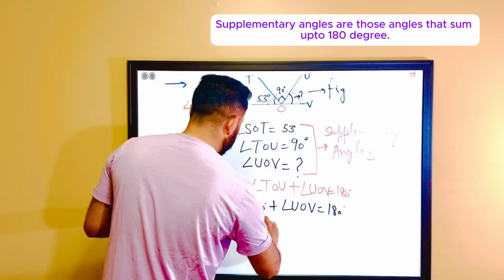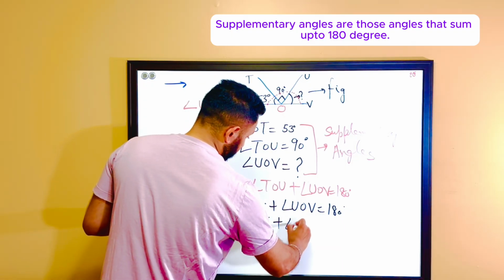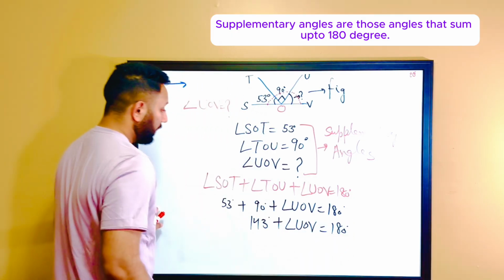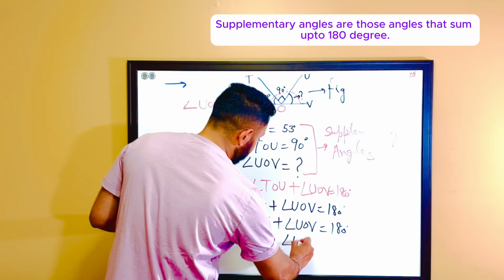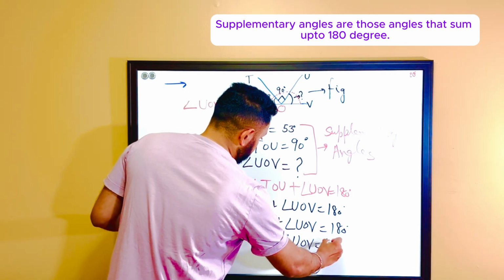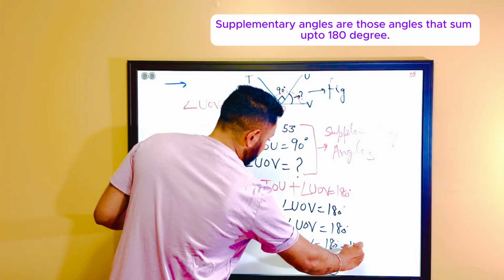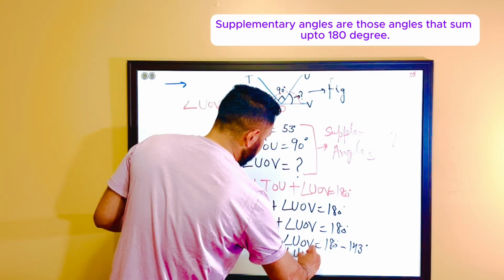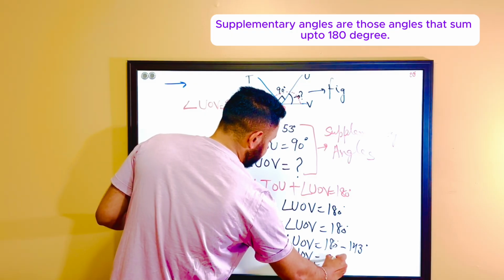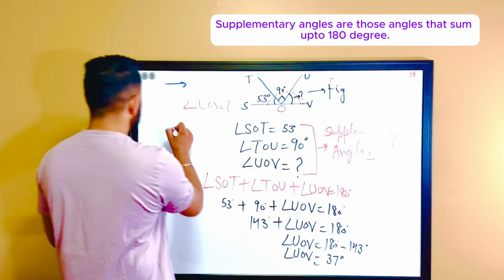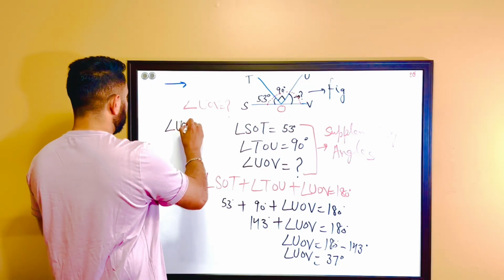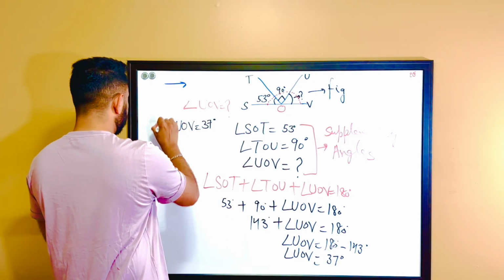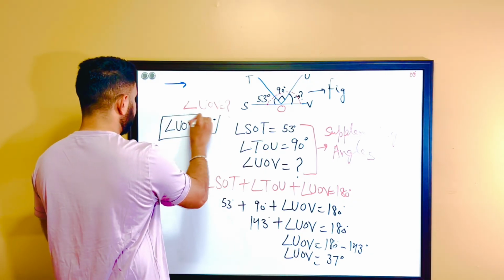So 143 degrees plus UOV equals 180, and this implies UOV is 180 minus 143 degrees, so UOV comes out to be 37 degrees. So UOV is 37 degrees, and this is what we need to find out.